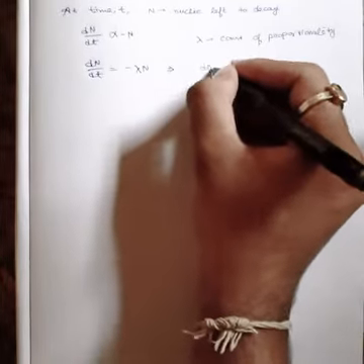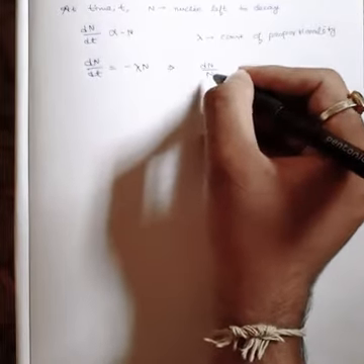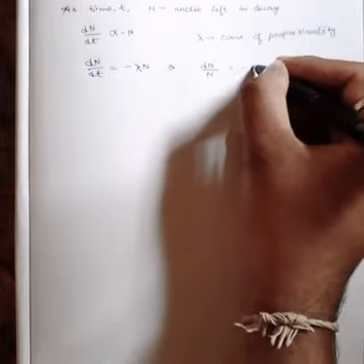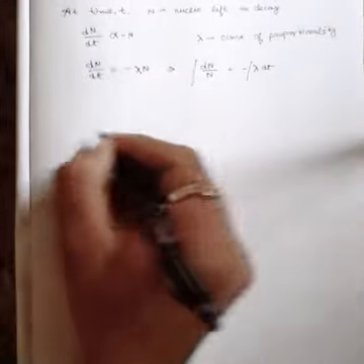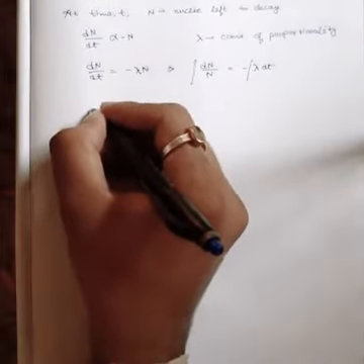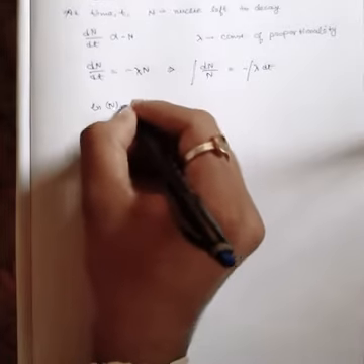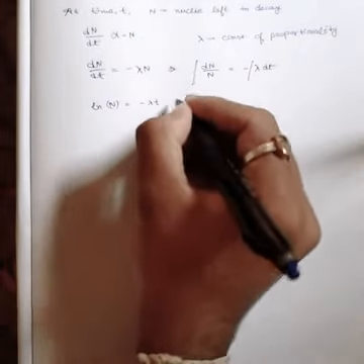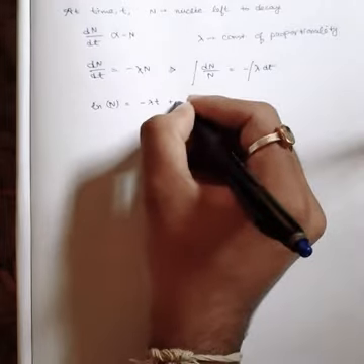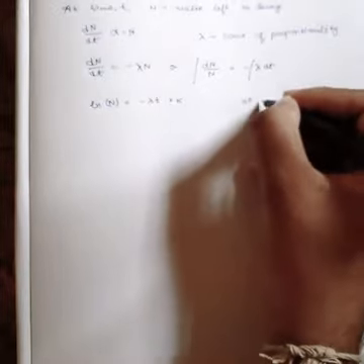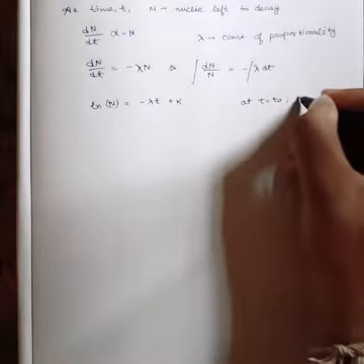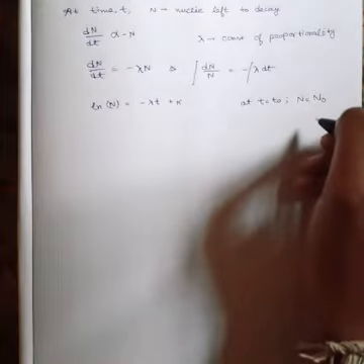On simplifying, it becomes dN by N equals minus lambda dt. So when we integrate it, it becomes ln N equals minus lambda t plus k. At t equals 0, that's basically the starting of the reaction, N equals N naught, that's the original number of radioactive nuclei.